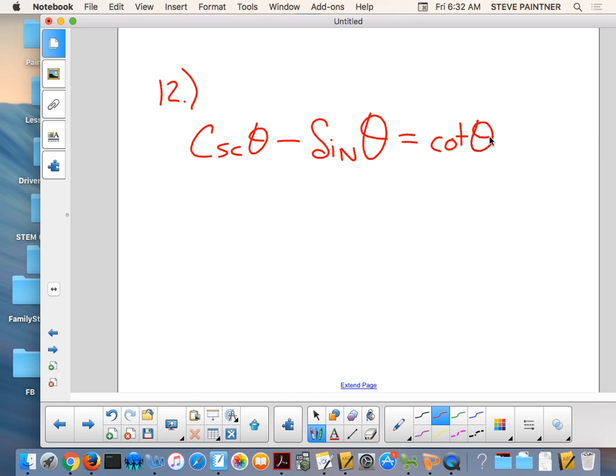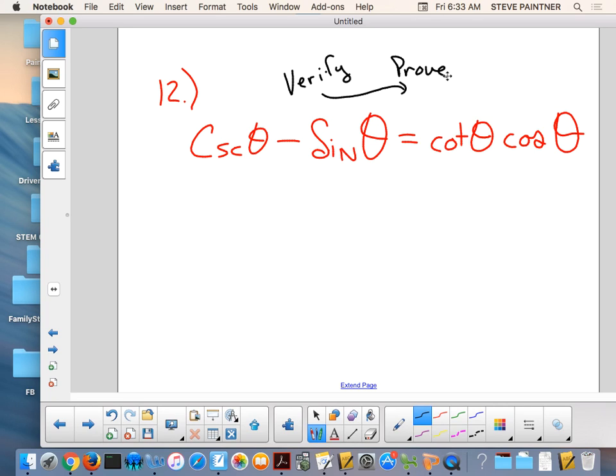The nice thing about this one is you know what you're supposed to get. You are proving, okay, the word they use is verify, but verify just means what? Prove that cosecant minus sine is really cotangent times cosine. So here we go.